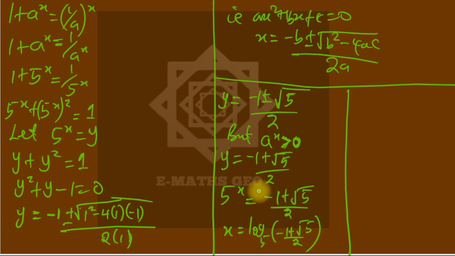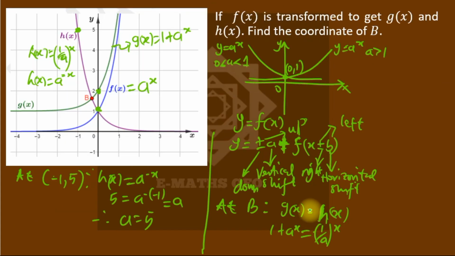So we've gotten the value of x. To get the value of y, we choose between hx or gx and substitute the value of that. So which one is better? Yes, use hx because it has nothing like 1 plus.